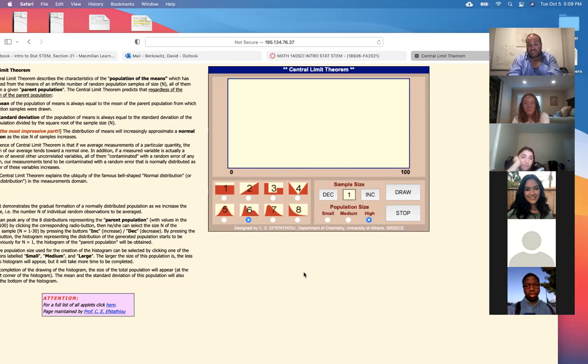So let's say I take a sample of size 1,000, and I look at them one at a time. How many times will I get every number from 0 to 100? If numbers 25 to 30 are really likely, and 50 is somewhat unlikely, and 60 is a little more likely, what do you think the shape of my distribution is going to be if I take a really large sample?